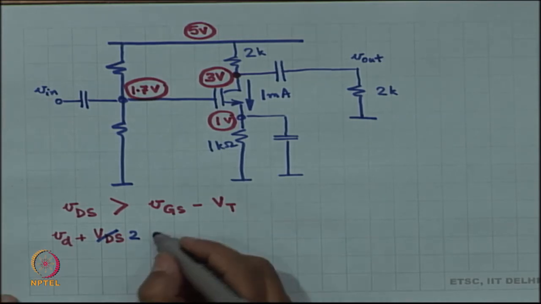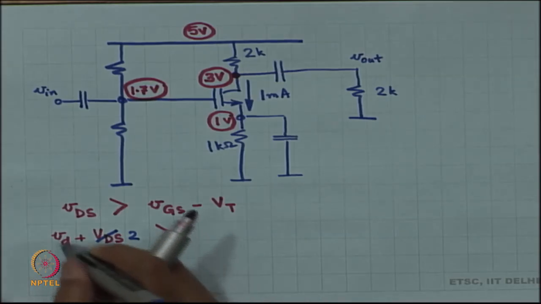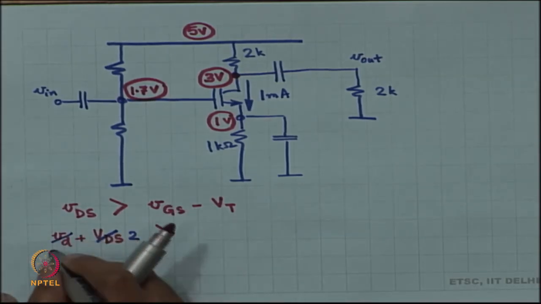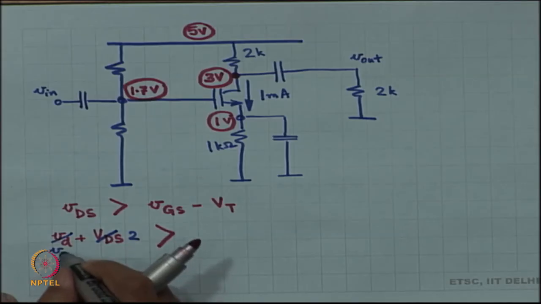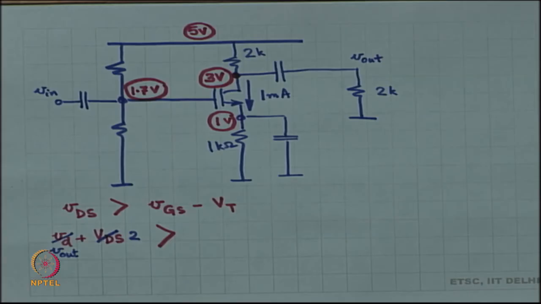And this has to be more than VGS minus VT. VD is the same as V out.